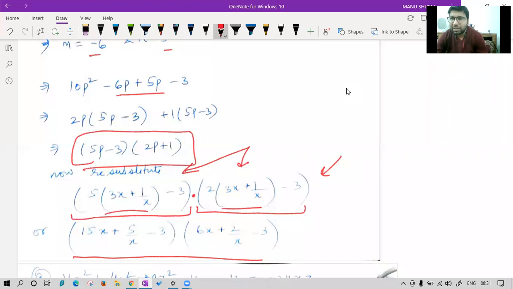But just as a courtesy, I have simplified this also, to make it look better, and got this.